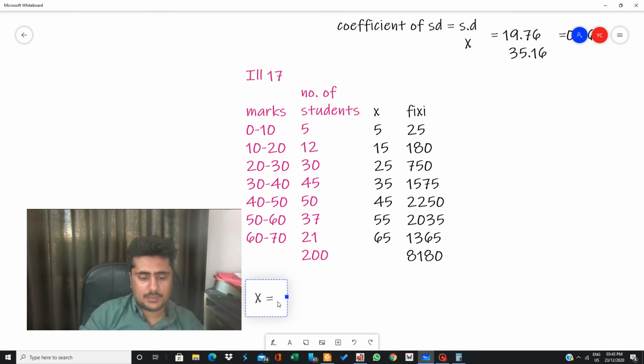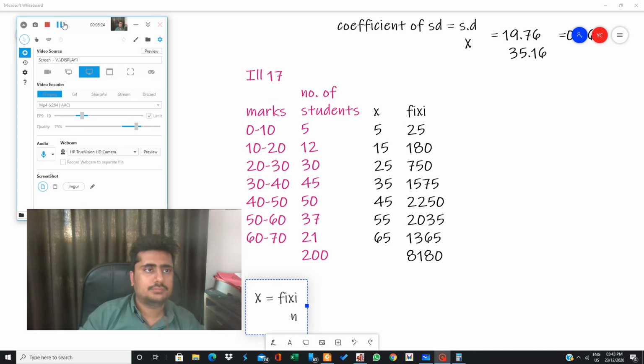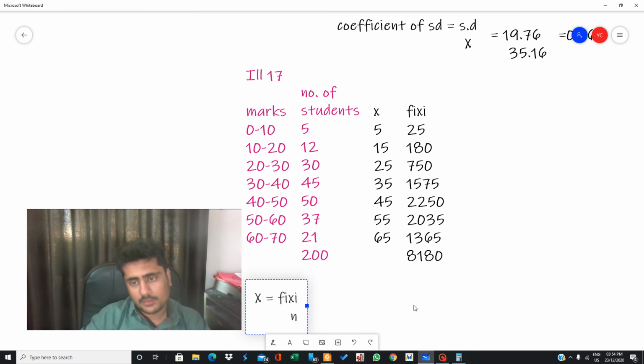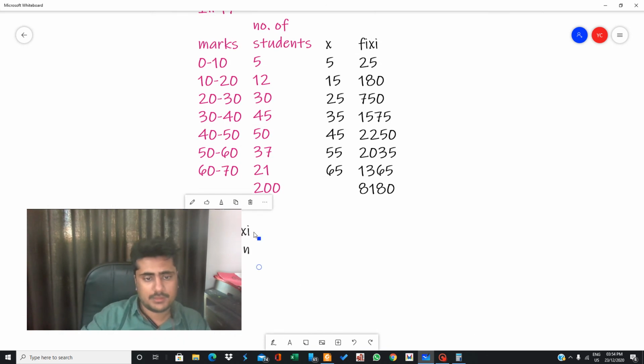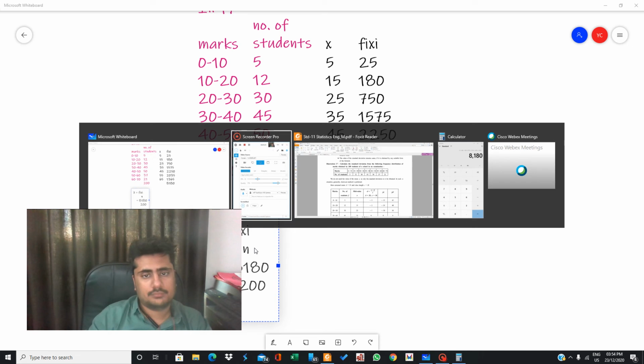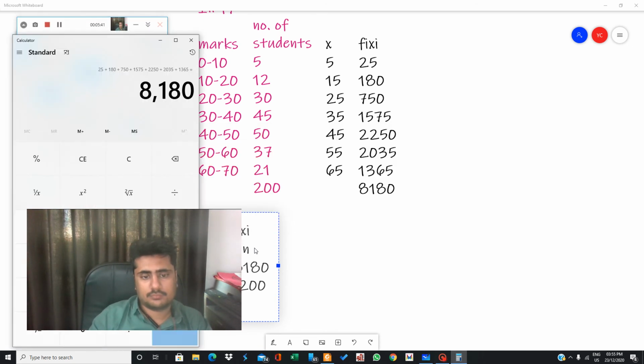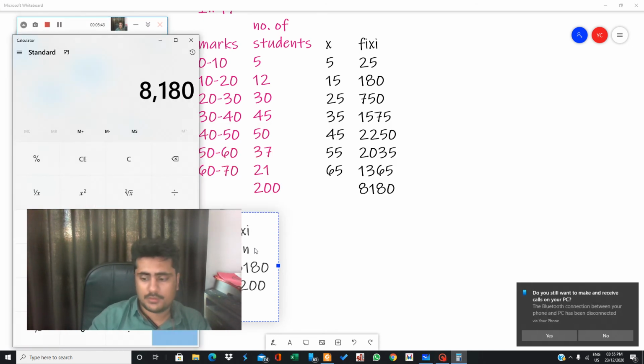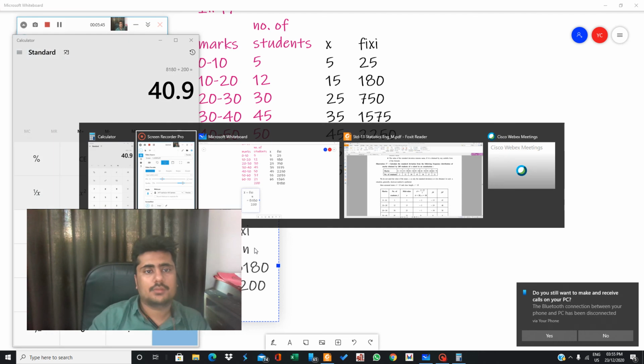Now my x bar is sigma fi xi upon n. My total for fi xi is 8180 upon 200. So it's 8180 upon 200, 40.9.